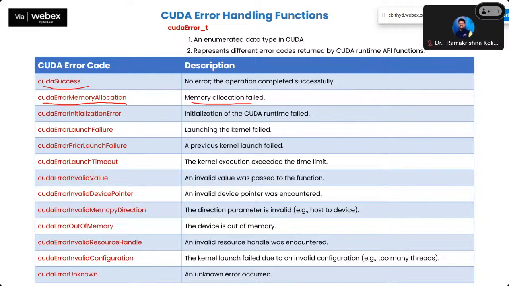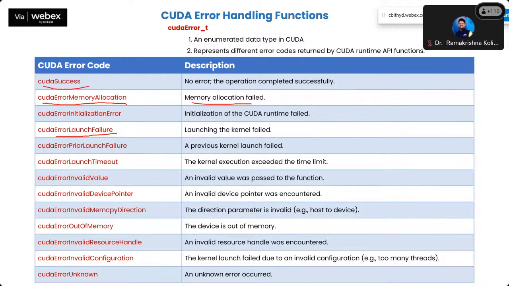There are many such codes, like cudaErrorLaunchFailure. You are trying to launch the kernel, but the kernel is not launching, it is failing. So this will indicate that launching of the kernel has failed. This is very helpful from a developer's point of view, for those who are developing code and want to identify the root cause of the problem.